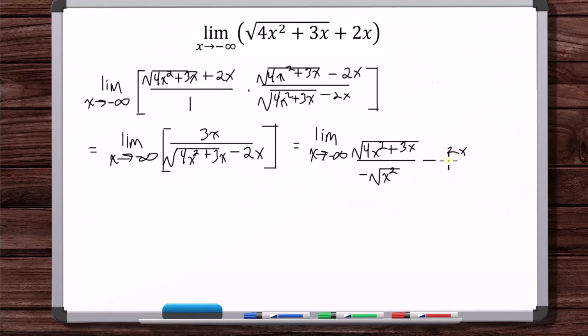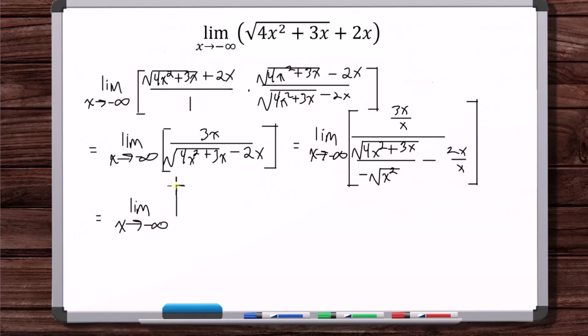Okay, so 2x, so we've got, and so you've got 4 over x plus 3, the minus here, then minus 2. Okay, so now as x approaches negative infinity, 4 over x goes to 0, 3 plus 0 is 3.